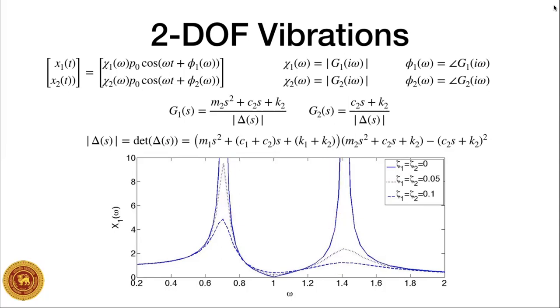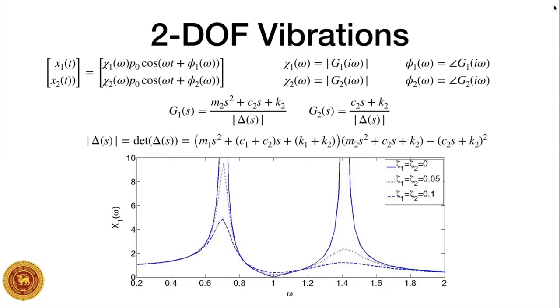And so what does that mean? What that means is the amplitude magnification becomes infinite at 2 frequencies. In the 1 degree of freedom case, we had only 1 frequency, and we called that the resonance frequency. And in this case also, we find that they are called the resonance frequencies.